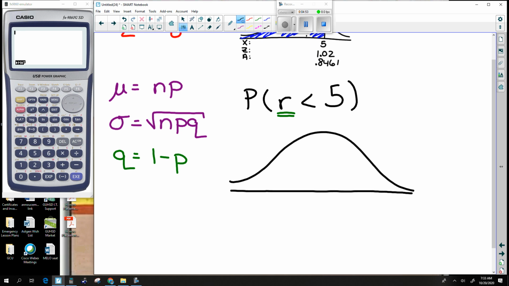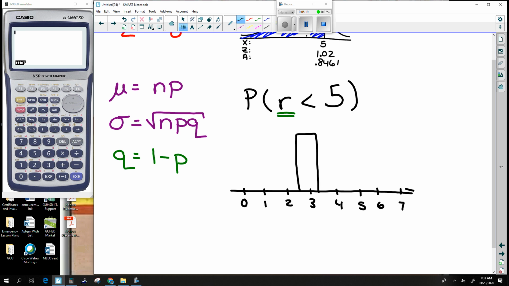So what I'm trying to say is this: don't think of a curve as being a smooth curve, but rather something similar to this concept right here, where it's kind of like a histogram.